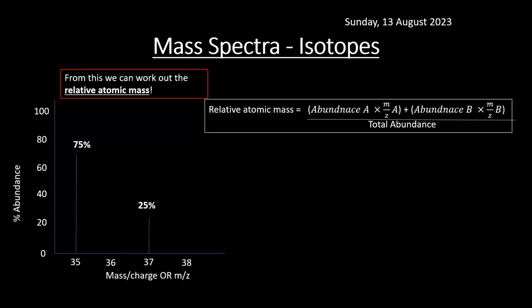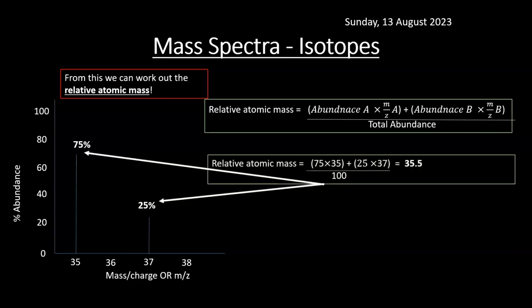So in other words, it's the sum of isotope mass times abundance. So in the case of our example here, it would be 35 times 75 plus 37 times 25, all divided by 100, and that will give us a calculated answer of 35.5.